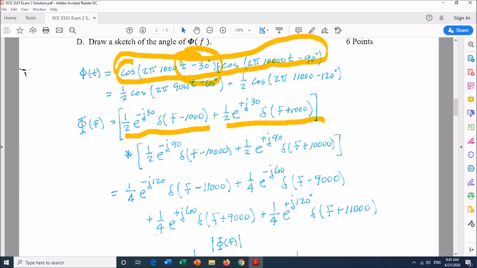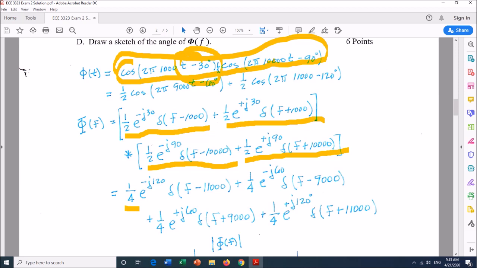That's convolved with the Fourier transform of the second cosine, 1/2 e to the minus j90 delta f minus 10,000 plus 1/2 e to the plus j90 delta f plus 10,000. When you convolve these across each other, we get 1, 2, 3, 4 terms.